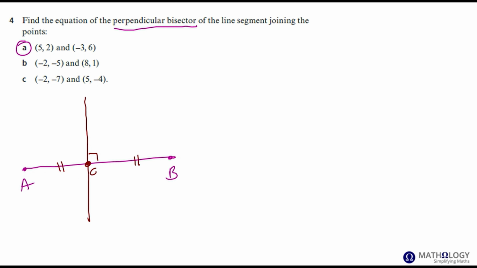So if we have our points A (5, 2) and B (-3, 6), and we are looking to find the equation of the perpendicular bisector of AB, we are looking for the equation of this highlighted line here. To do that, we need to find the coordinates of C, the midpoint of AB.